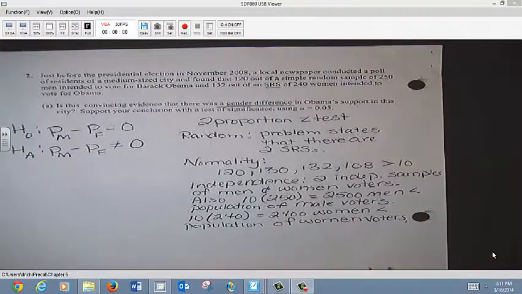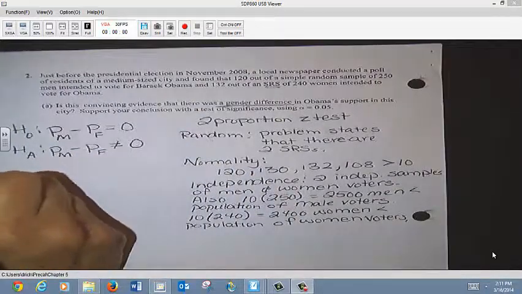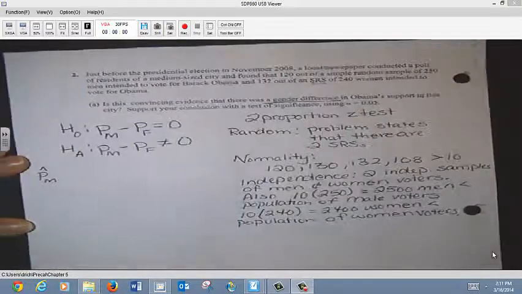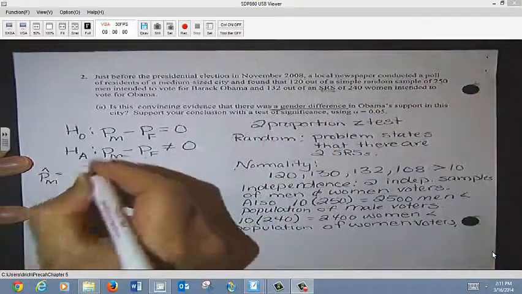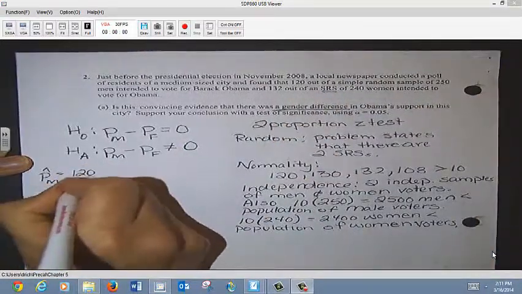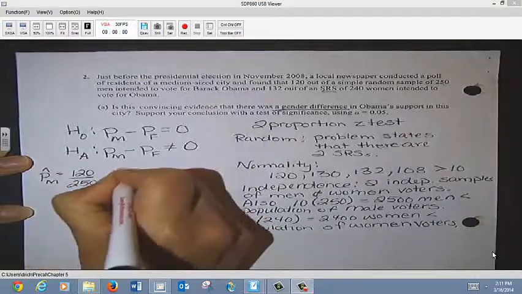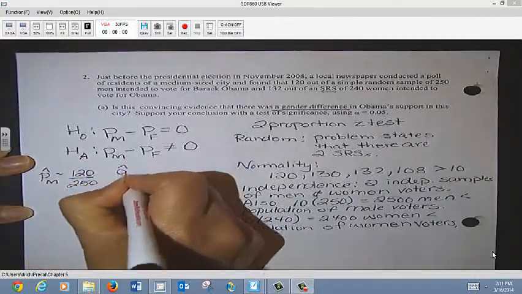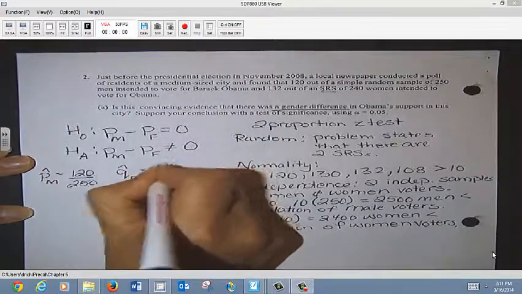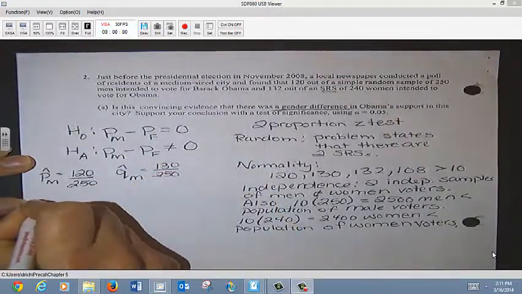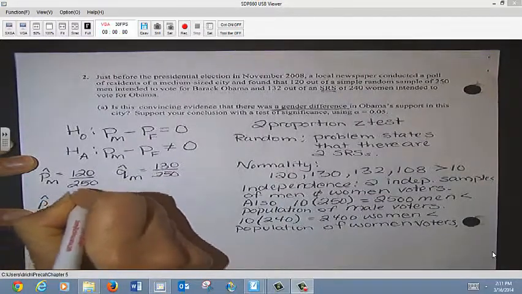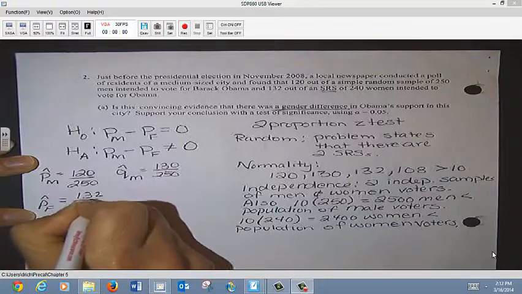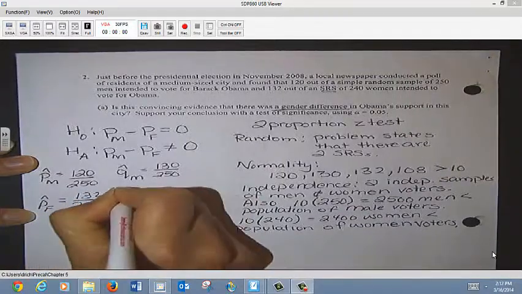So we have found our p-hat for men is, let's see, 120 out of 250, which would give us a q-hat of 130 over 250. And our p-hat female is 132 out of 240, which would give us a q-hat female of 108 out of 240.